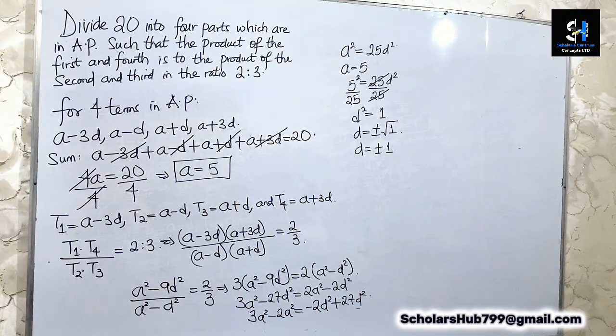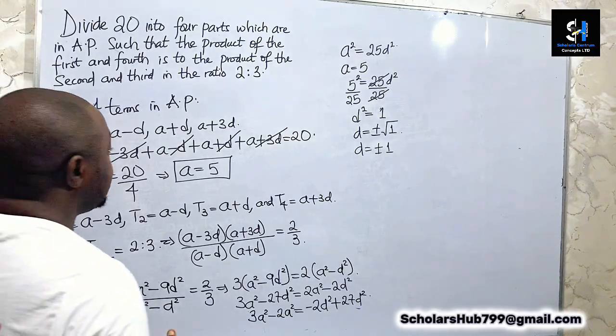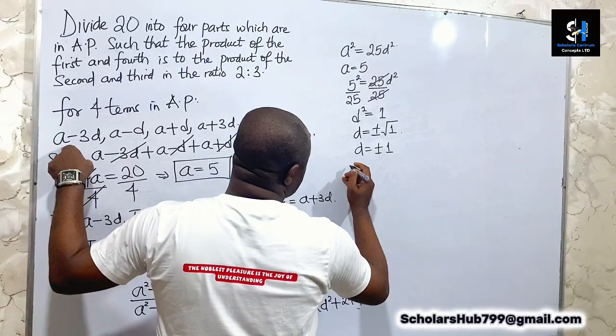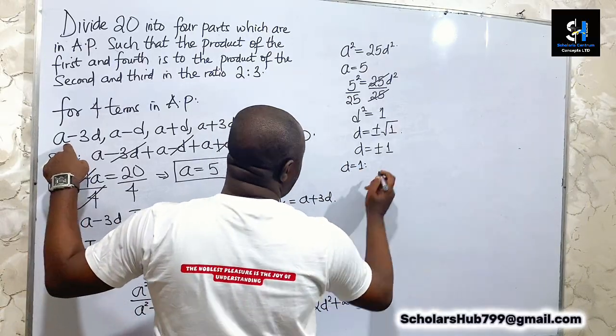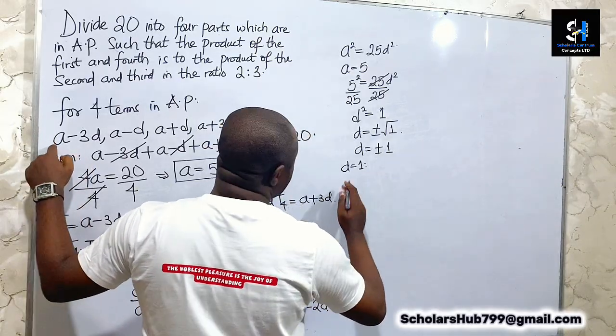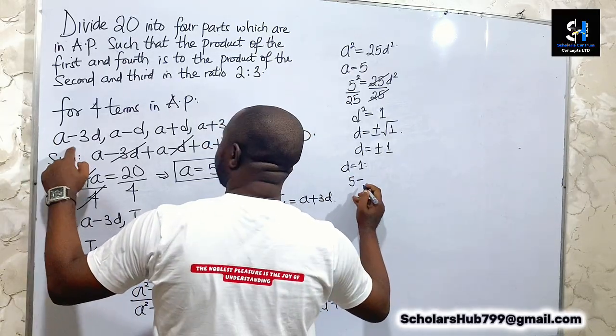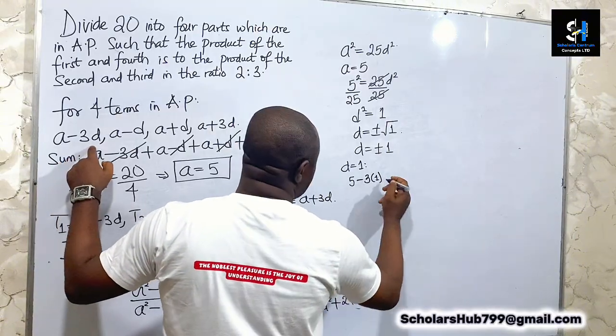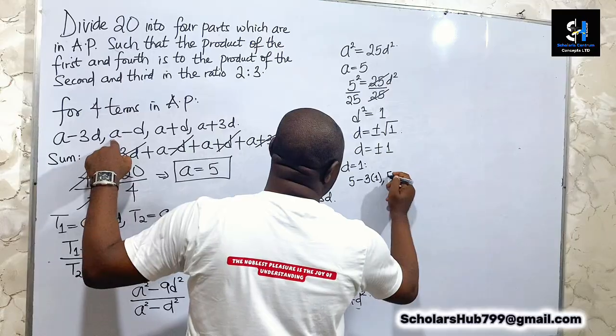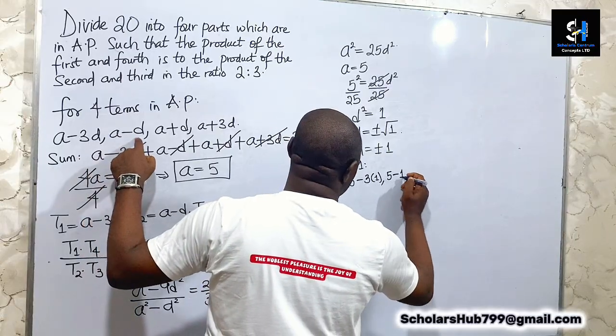Now let's get the 4 parts which are in AP using this. When d is equal to 1, we know already that a is 5. So we have 5 minus 3 times 1. Then for the second part, it will be 5 minus 1.